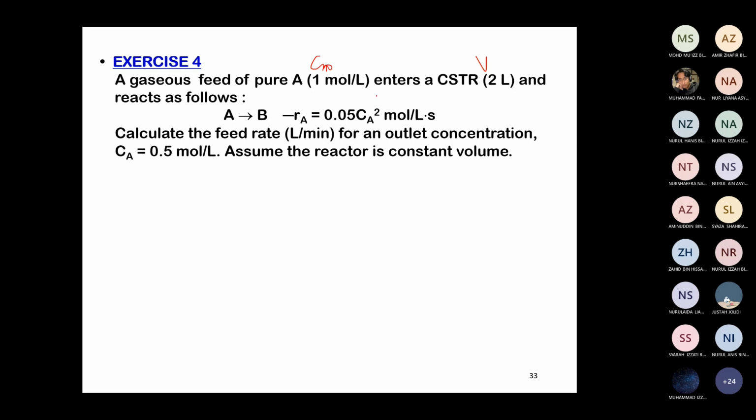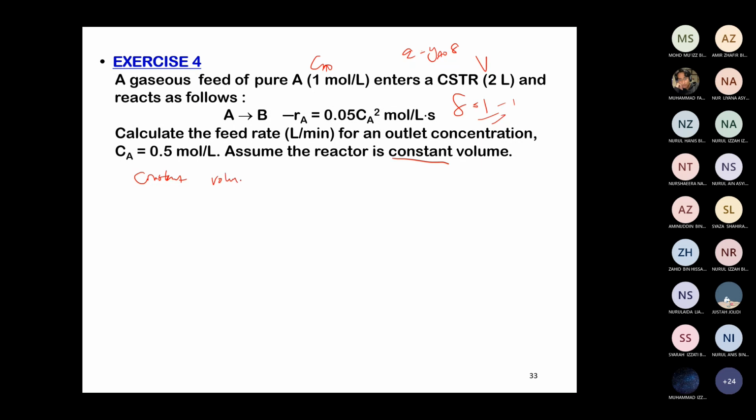This one takkan jadi variable volume, sebab kalau you kira del, dia akan jadi kosong. Epsilon is equal to YA0 times del. So ni adalah constant, kita treat as constant volume. Lagipun dia dah cakap pun, constant volume.